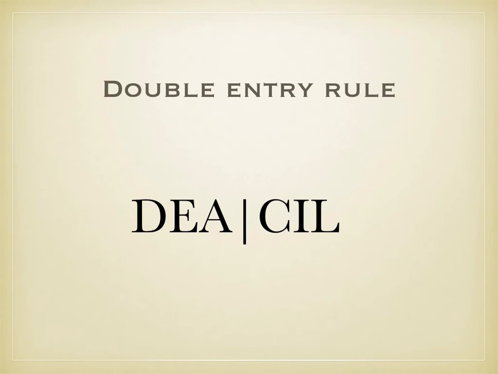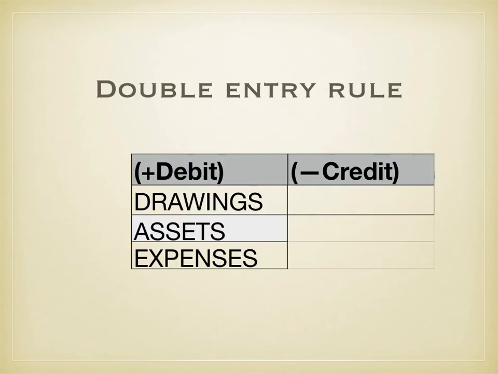So the first three letters increase on the debit side, and the last three increase on the credit side. And when they increase on the credit side, they decrease on the debit side. And all in all, we call it DEALCIL. So remember DEALCIL.